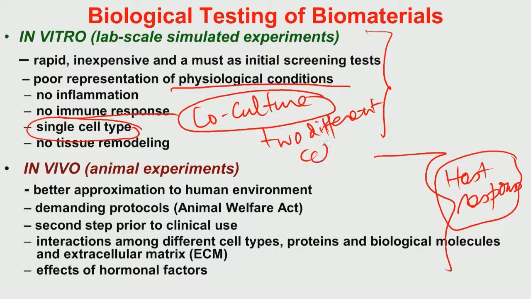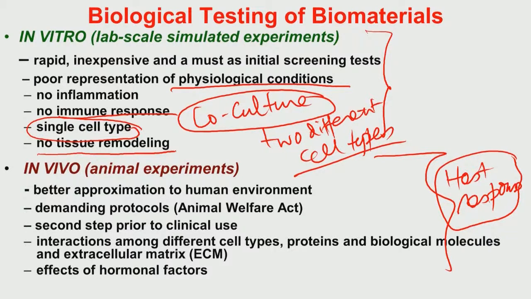But this is still not regularly used in different biomaterials laboratories. The other thing that you cannot assess in in vitro experiments is tissue remodeling, simply because you are handling biological cells only.